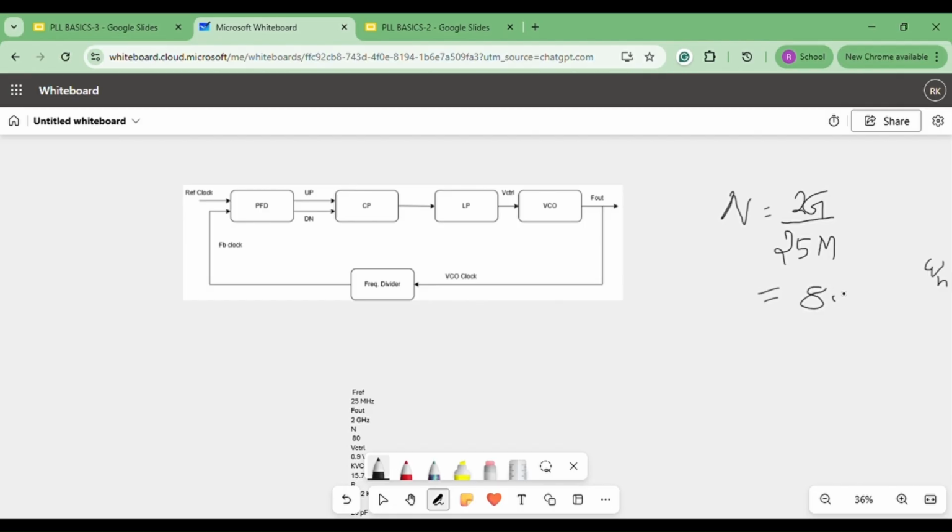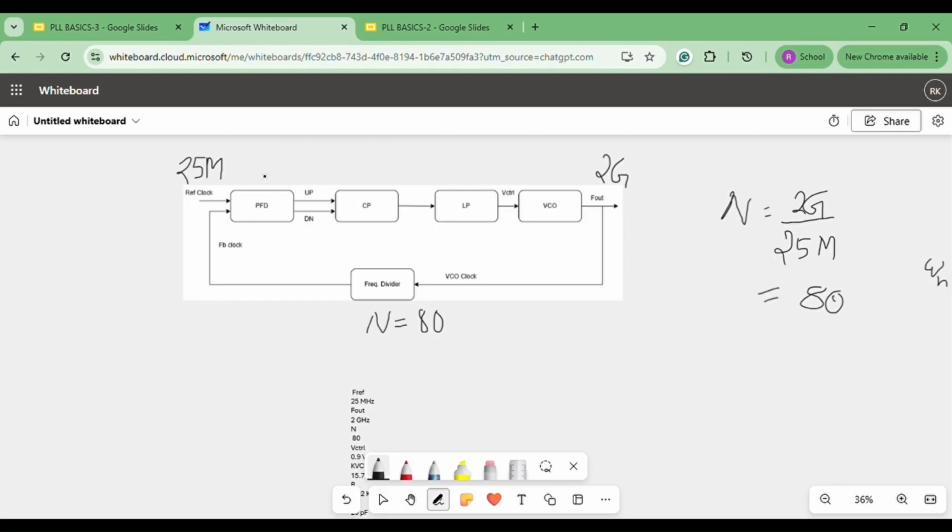So basically, what we will fix in our AC analysis is we will model each block with respect to its gain. The reference was decided to be 25 megahertz for our design, and the output was 2 giga. So basically, we are designing the PLL for 2 gigahertz frequency.